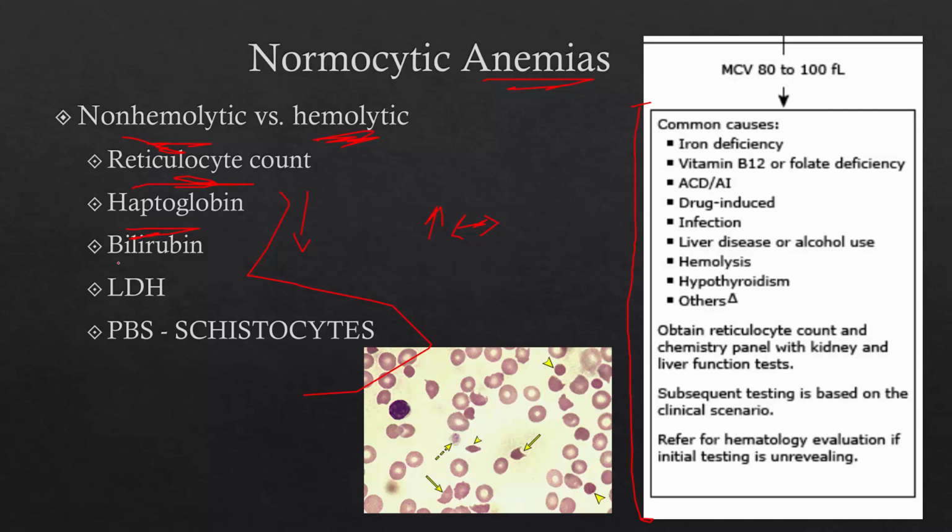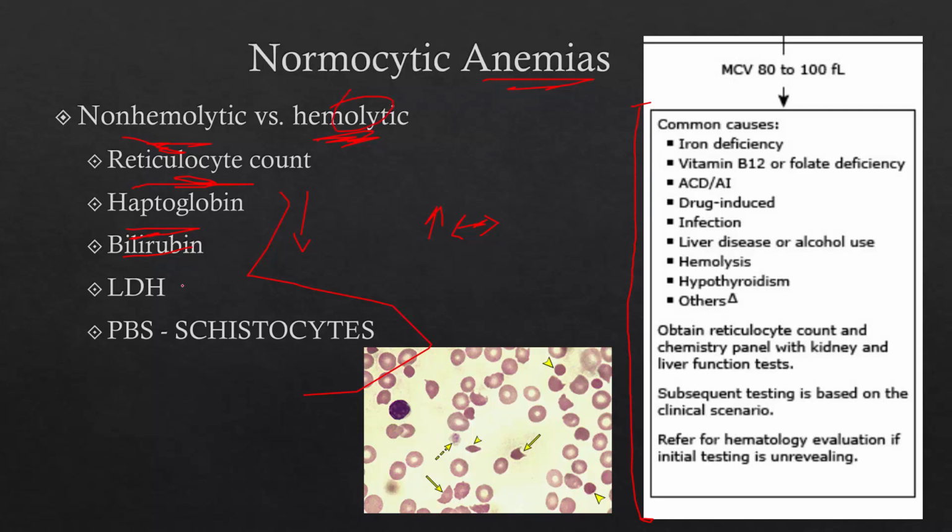Okay, how about the bili? The bili would be high in hemolytic anemia, right? Because when you're hemolyzing, your heme is broken down to bilirubin in the blood. Free heme is broken down into bilirubin. So if you have excess bilirubin, it can mean that you have excess heme in the blood, which would mean hemolysis.